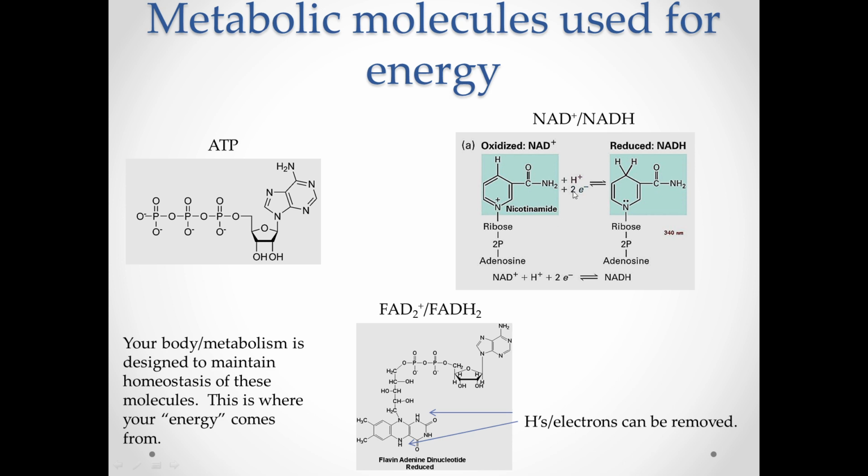Now, with the addition of protons is also the addition of electrons. So these molecules serve as electron shuffling molecules and will bring electrons to the mitochondria for oxidative phosphorylation. And so your body is designed to maintain homeostasis, or a normal concentration of these molecules.